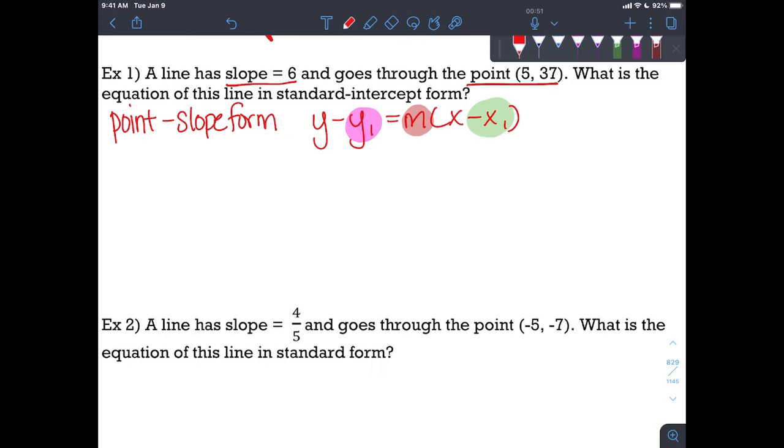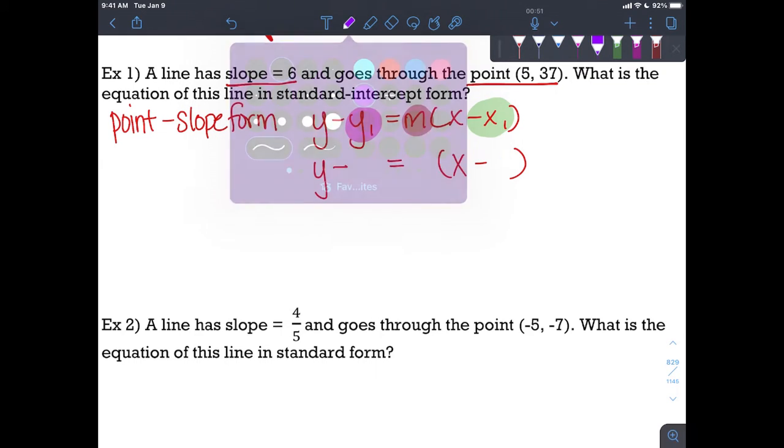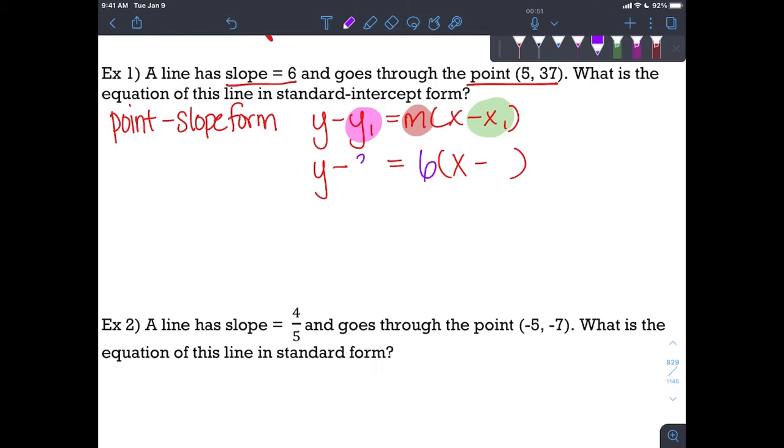So I'm going to copy over the stuff that is not going to change. Notice that I'm already including my negatives, just in case. So I'll go ahead and put in my slope of 6, my y value of 37, and my x value of 5. Now I can go ahead and start simplifying.